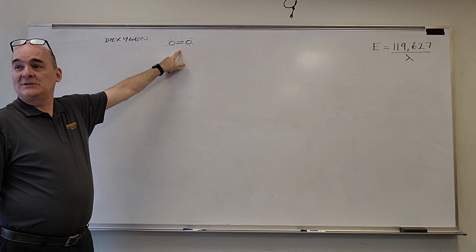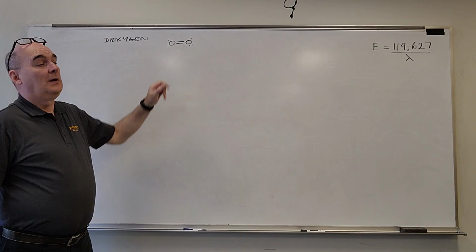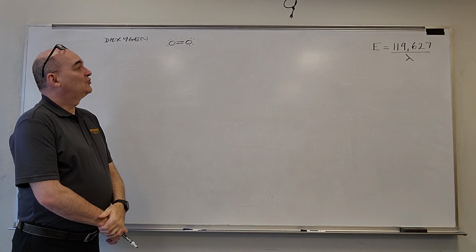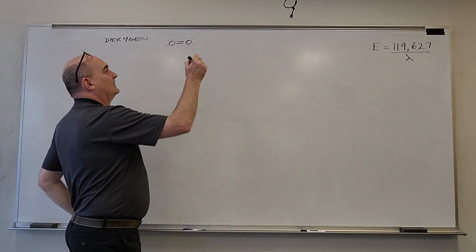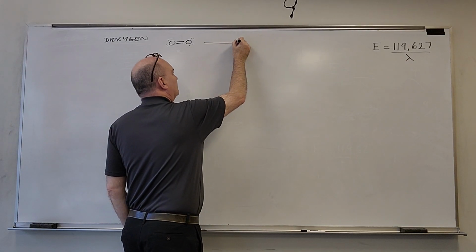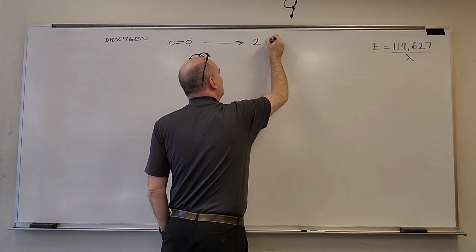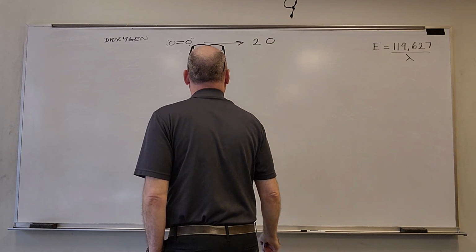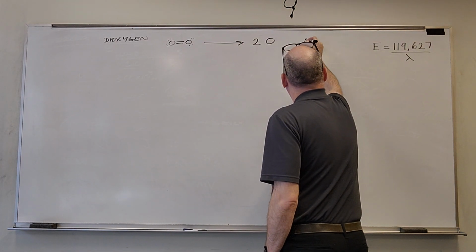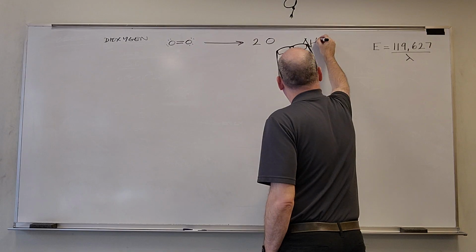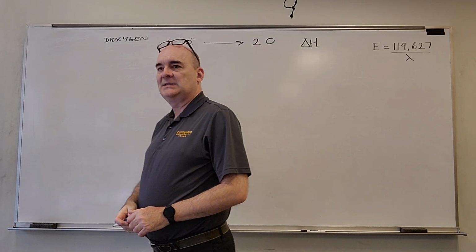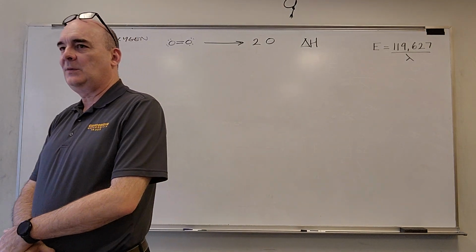It's 21% of the Earth's atmosphere. That double bond means it's going to be difficult to split it. If we go ahead and split that into two oxygens, there is a heat energy change associated with that.